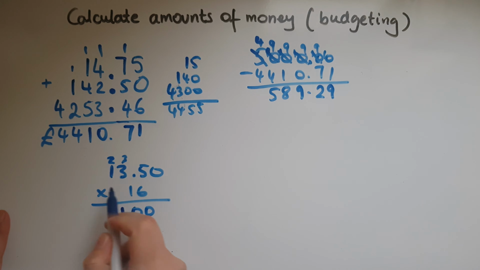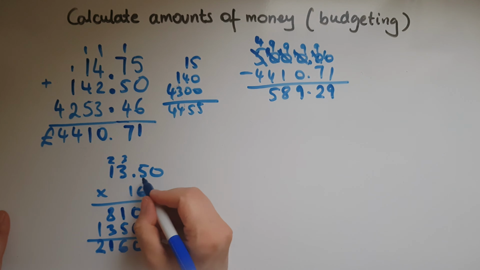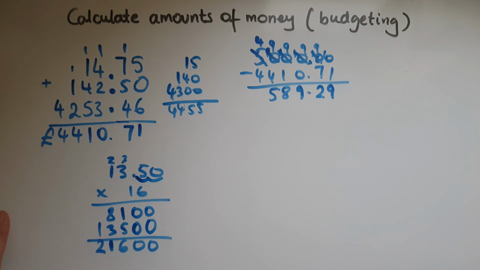So I'm ignoring the decimal point for the time being, and then we'll put a 0 down. So 1 times 0 is 0, 5, 3, 1. So we've got 216. Now we've got the answer, but we need to do a final thing. We'll count the decimal places for the two numbers.